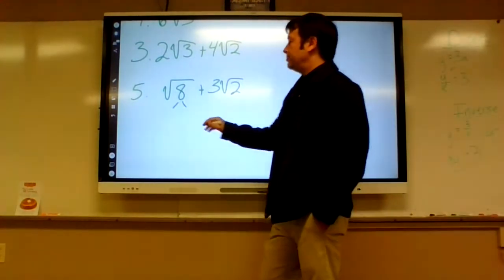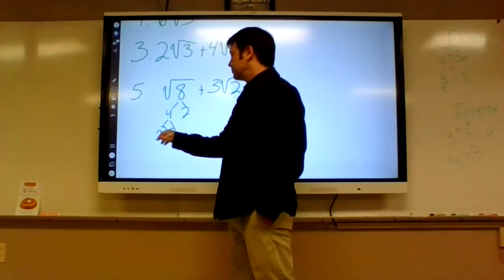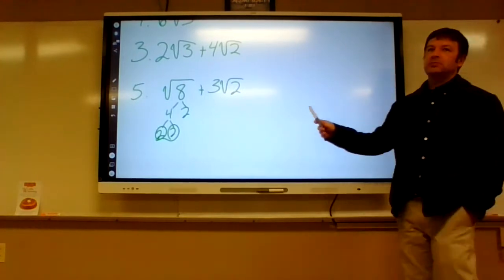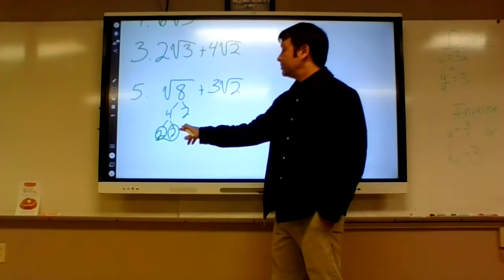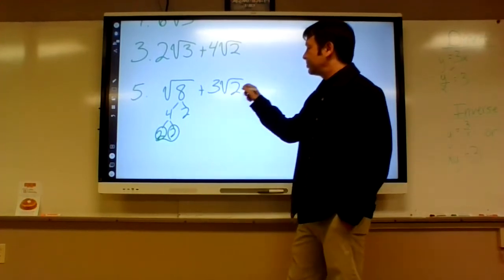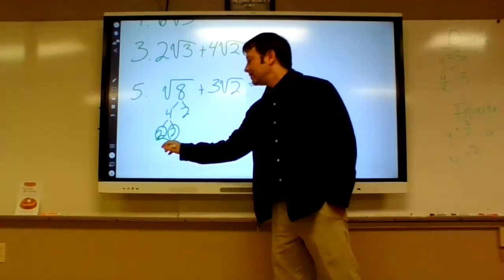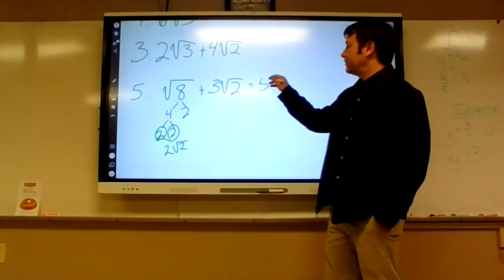Square root of 8 becomes what? 2 square root of 2. So we have 2 square root of 2 plus 3 square root of 2, which is 5 square root of 2.